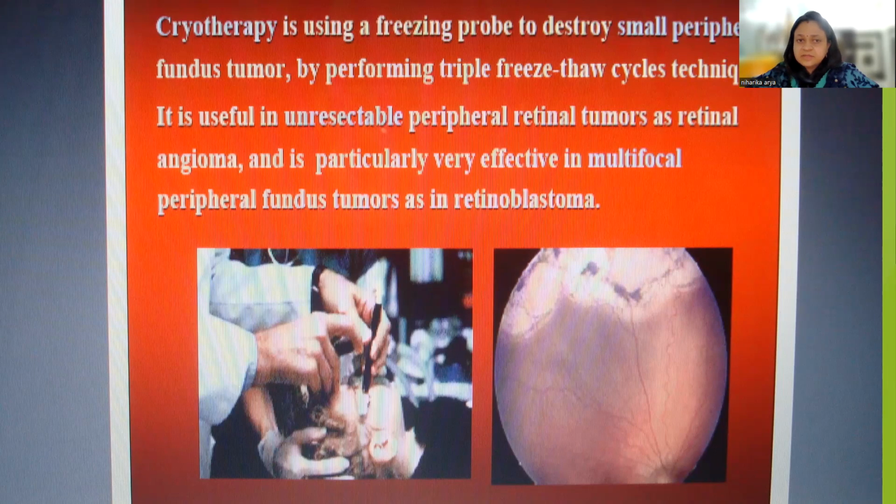This cryotherapy uses a freezing probe and will destroy the small peripheral fundus tumors. If the size of the tumor is very small and it is present at the periphery of the fundus, then we can use this technique, cryotherapy.